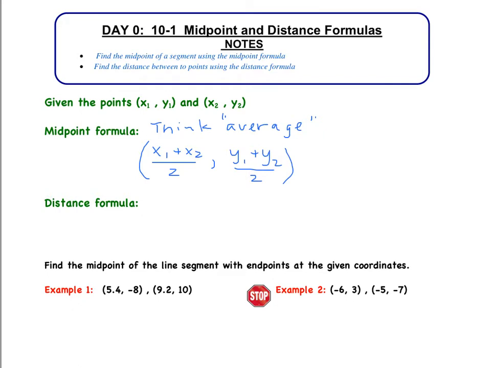The distance formula: d is equal to the square root of (x1 minus x2) squared plus (y1 minus y2) squared. Okay, so that is just our quick refresher.